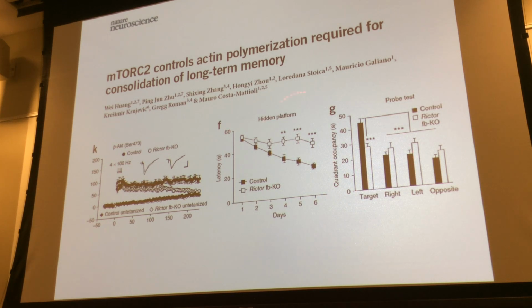What about learning and memory? Here's just the classical water maze. Usually you should see a curve like this, because this is the latency, meaning the time it takes the mouse to find the platform, and the axis is days.